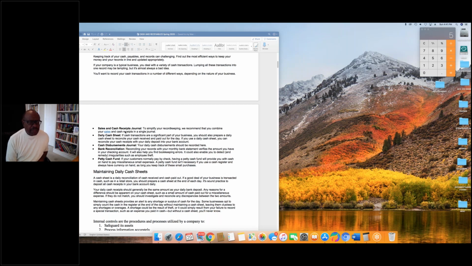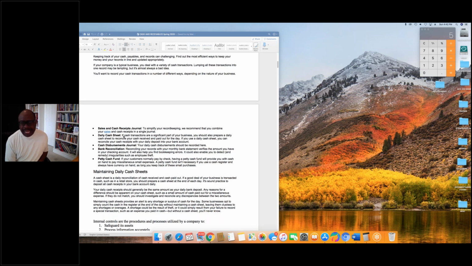That just makes it easier in terms of no mistakes: all the sales transactions in one journal, all the disbursement transactions in another journal. We then post to the one ledger with items coming from two journals, and the process stays the same. We get the balances and we do a trial balance. But a separate cash receipts journal and a cash disbursements journal is very important.